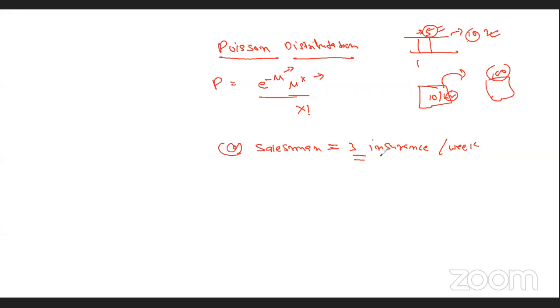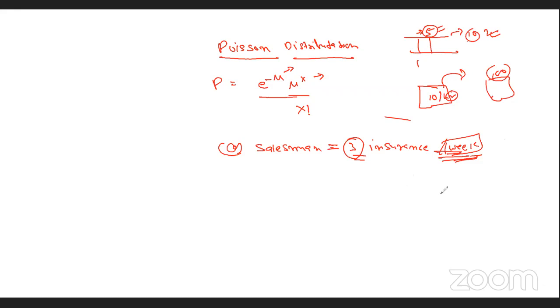Just observe one thing here: I'm talking about per week. I have given you the interval, so on an average the sales made by the person in this particular week is equal to 3.